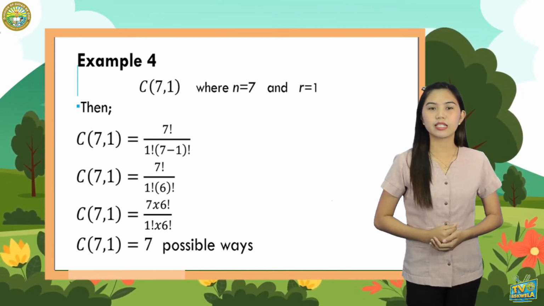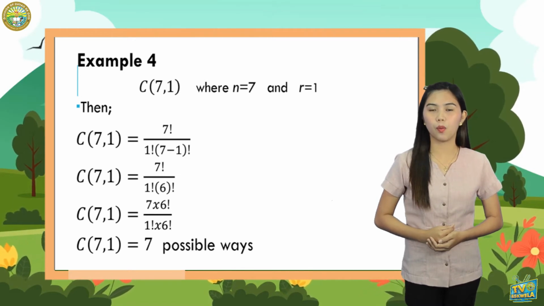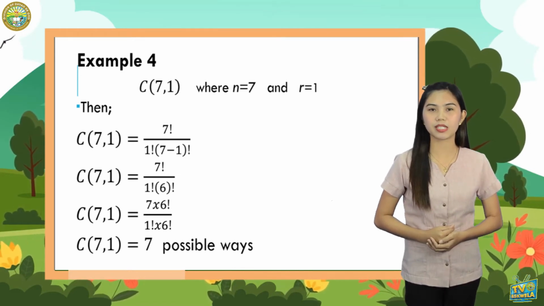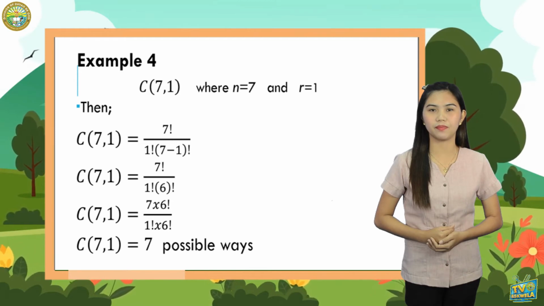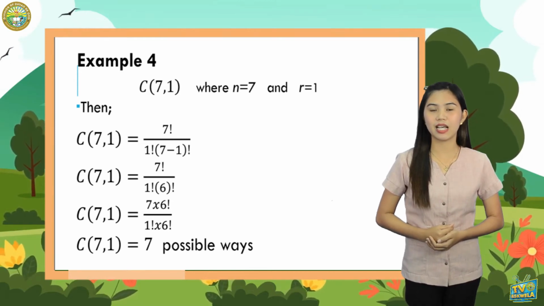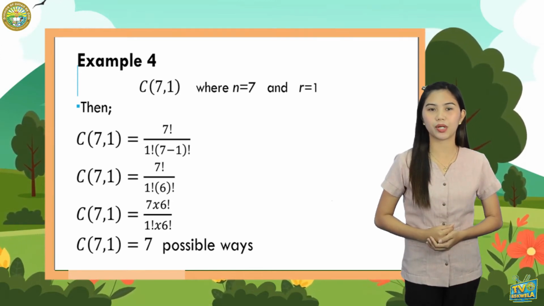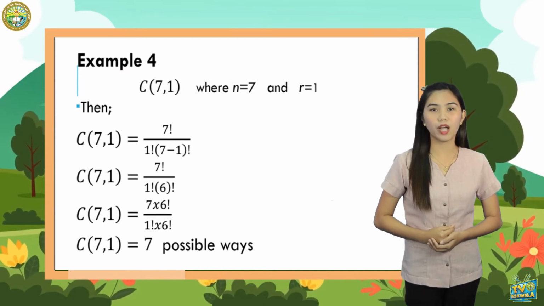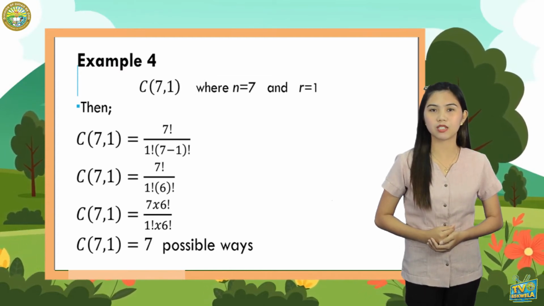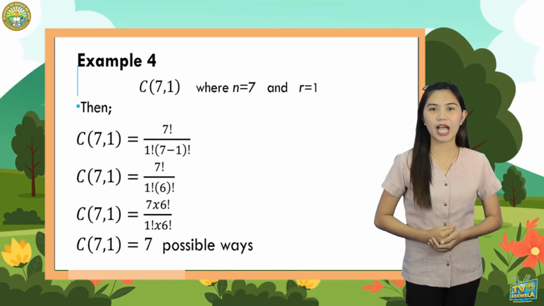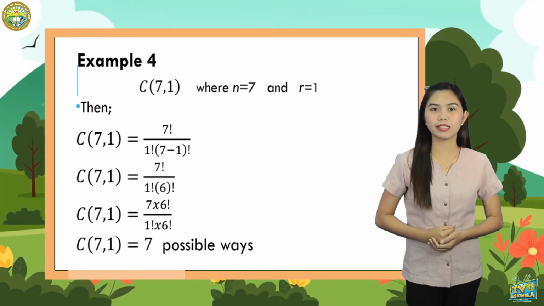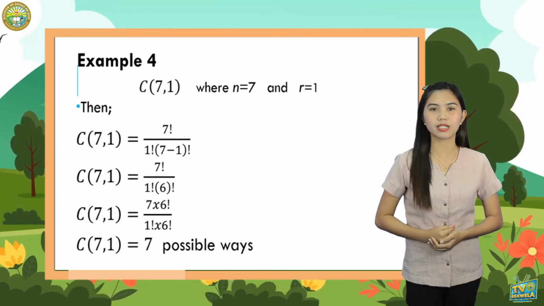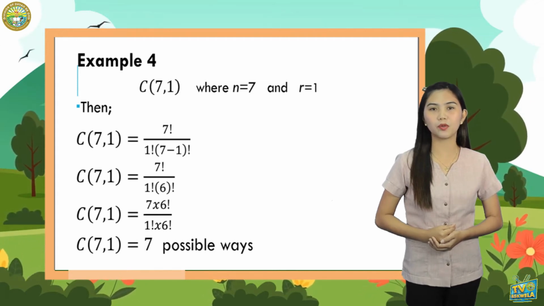Then, 7 factorial over 1 factorial times 6 factorial. Next, 7 times 6 factorial over 1 factorial times 6 factorial. So we have C(7,1) equals 7 possible ways.